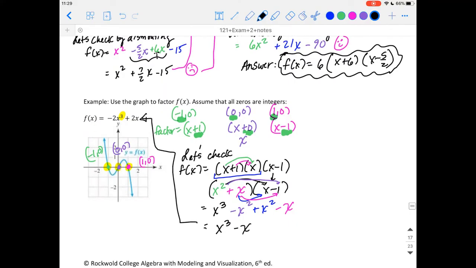So looking at the original equation, I'm a little sad because we didn't get the exact same thing, but hopefully after looking at it for a while, we're going to say we're missing something. If you want, you can pause it and guess yourself. We're missing negative 2 as a factor.